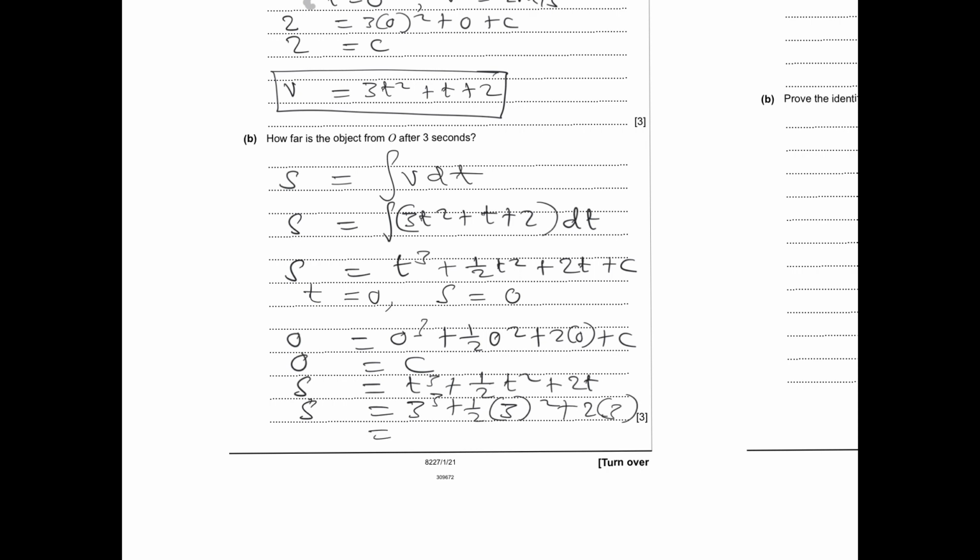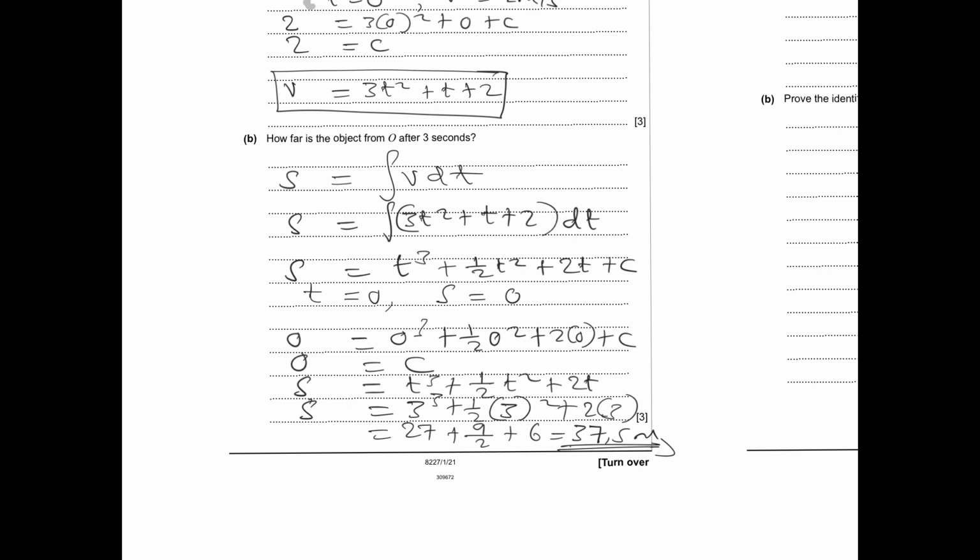So we have 3 cubed, 27, plus 3 squared times half, that will give you 9 over 2, plus 6. So 27 plus 6 is 33, 33 plus 4.5, which is 37.5 meters. So that's the distance after 3 seconds of moving.